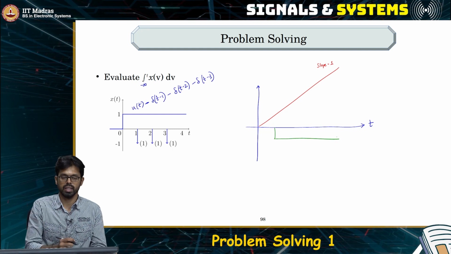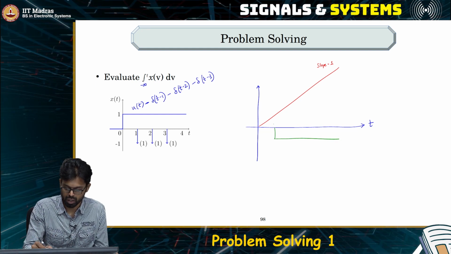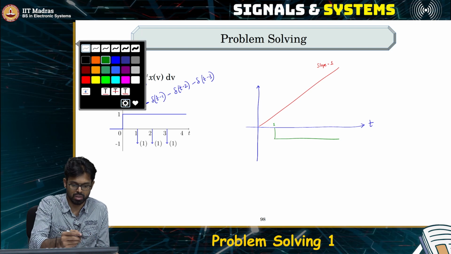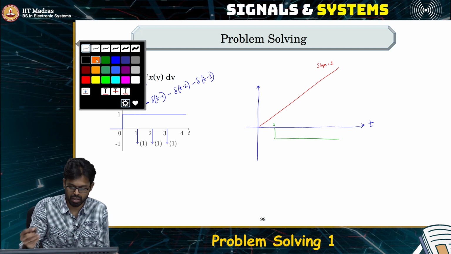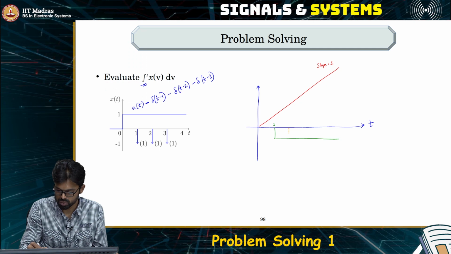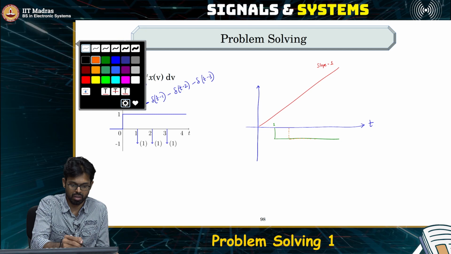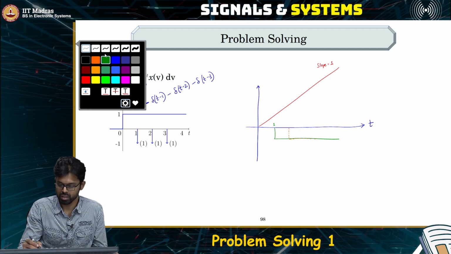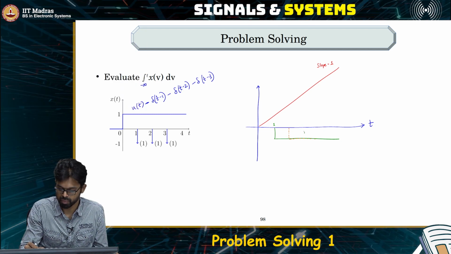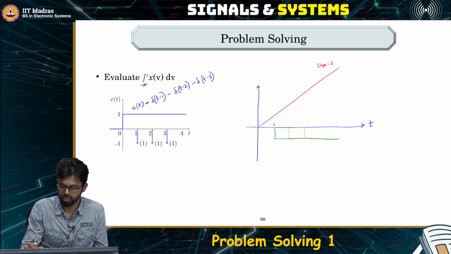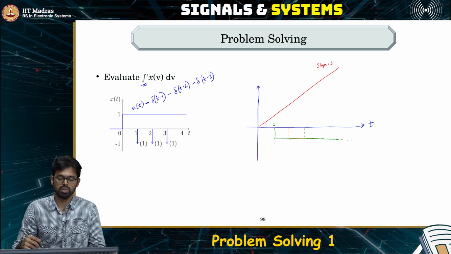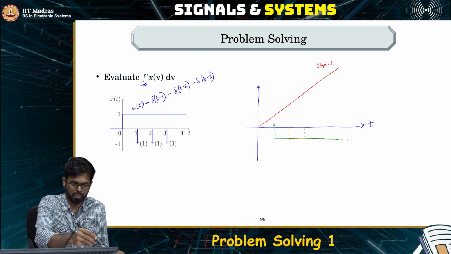So this is the Dirac delta signal at 1. Similarly, there is another Dirac delta at 2, and there is another Dirac delta at 3. Now you have to add them all up.